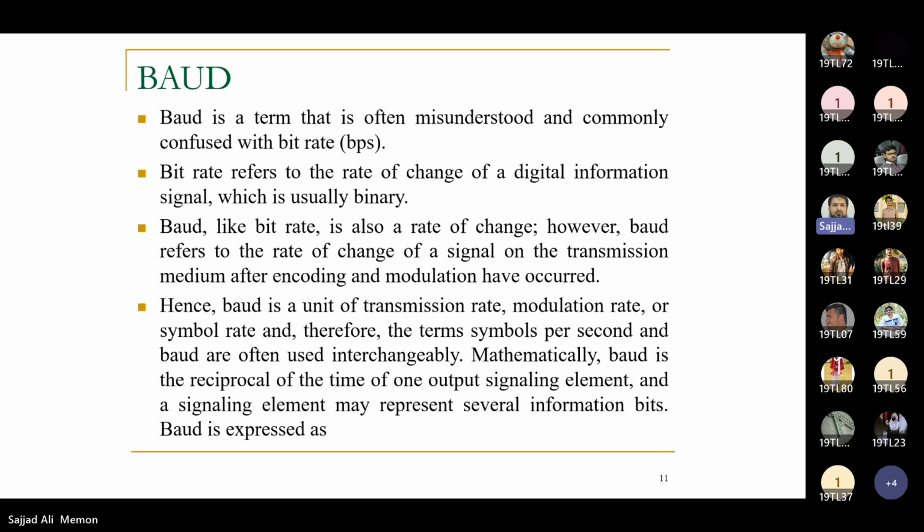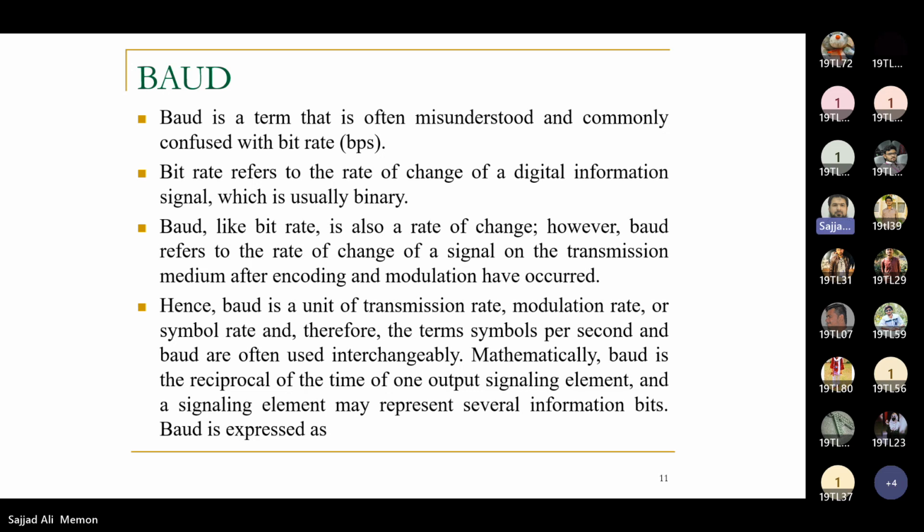Modulation rate and symbol rate are the same, and therefore the terms symbols per second and baud are often used interchangeably. So baud has many definitions. One definition is how many symbols are being transmitted in 1 second. How many signaling elements are being transmitted in 1 second.